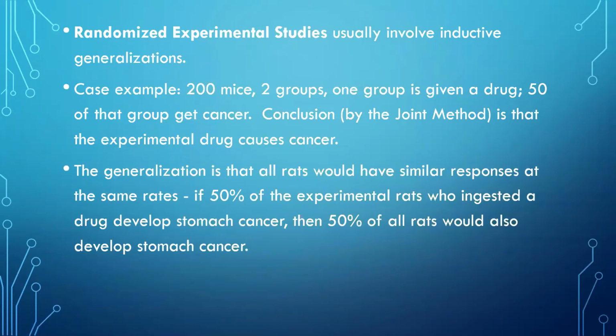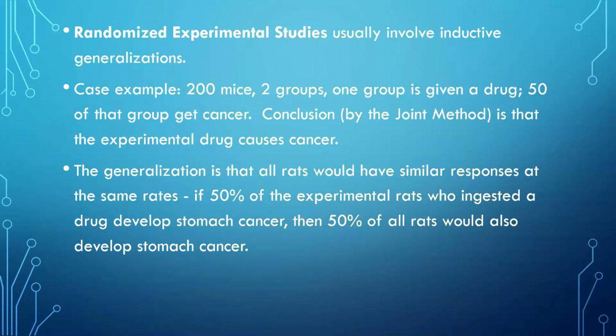Now, the generalization, of course, is that all rats would have similar responses at the same rates. If 50% of the experimental rats who ingested a drug developed stomach cancer, say, then 50% of all rats would also develop stomach cancer, and that's why it's an inductive generalization.